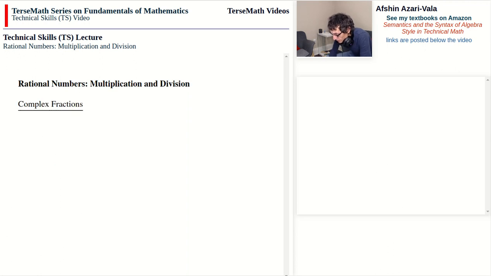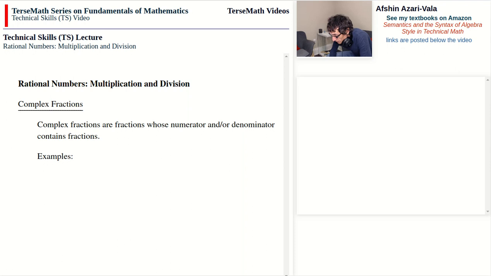And the last topic for this video is on complex fractions. Complex fractions are fractions where the top or the bottom itself has fractions. As an example of this, we have the complex fraction 2/3 divided by 5/7.